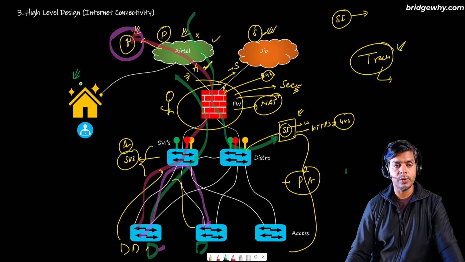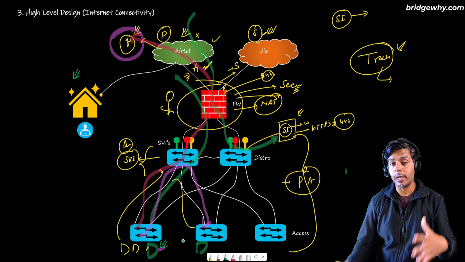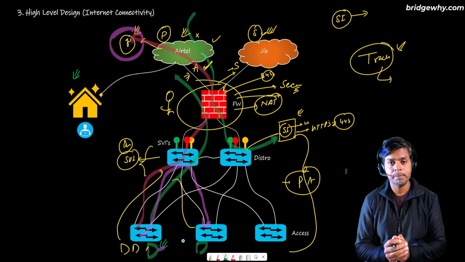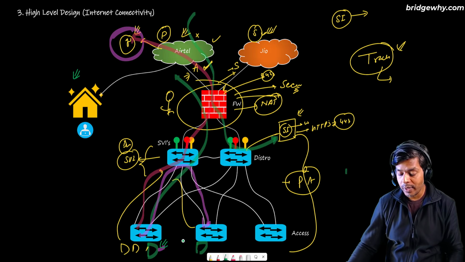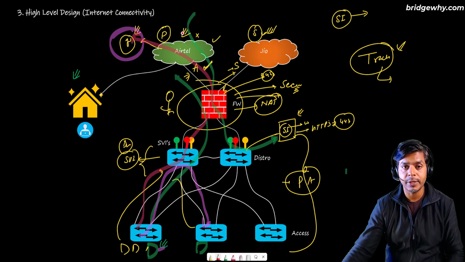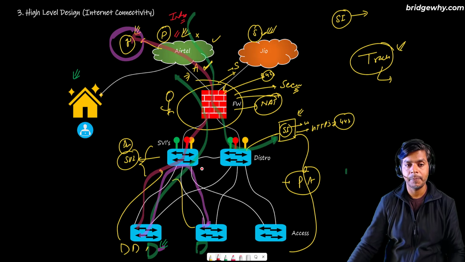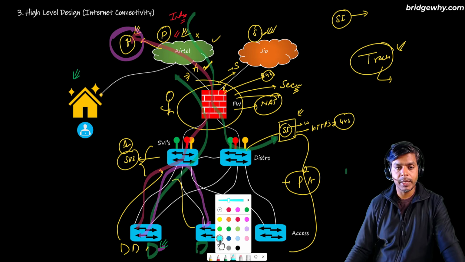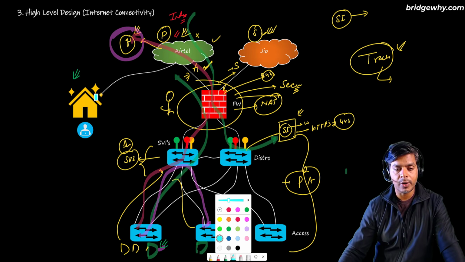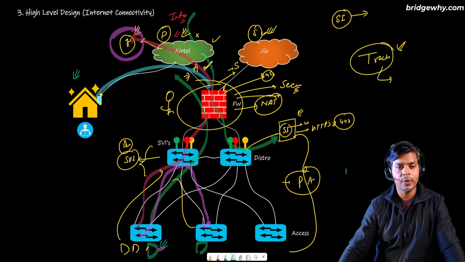Now, Sports India's another requirement was how the people who are sitting at their home can communicate to the people who are sitting in the enterprise. And now you are connecting a guy who is sitting at home to your enterprise over a medium which is highly unsecure, meaning we have the internet which is not secure at all. So basically what you need to do for that, you need to build a secure connection from your home PC over the internet to this firewall.